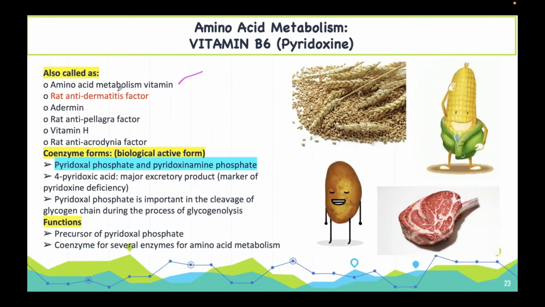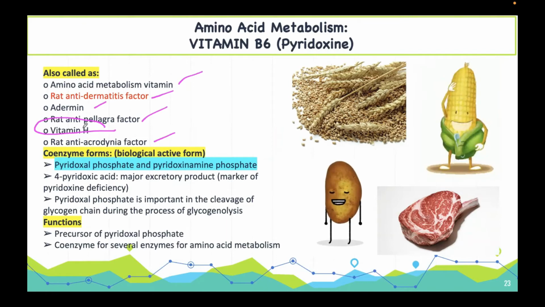Can also be called as rat antidermatitis factor, adermine, rat antipelagra factor, your vitamin H, pakitandaan po, and then your rat anti-acrodynia factor. So yung mga diseases such as your acrodynia, it will be discussed on our next slides. But first, pakitandaan po yung mga other terms or also known as for our vitamin B6.